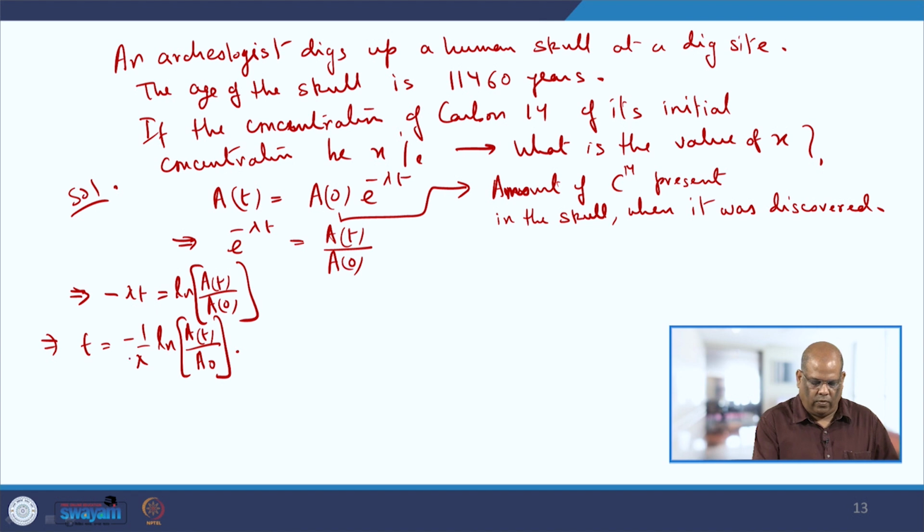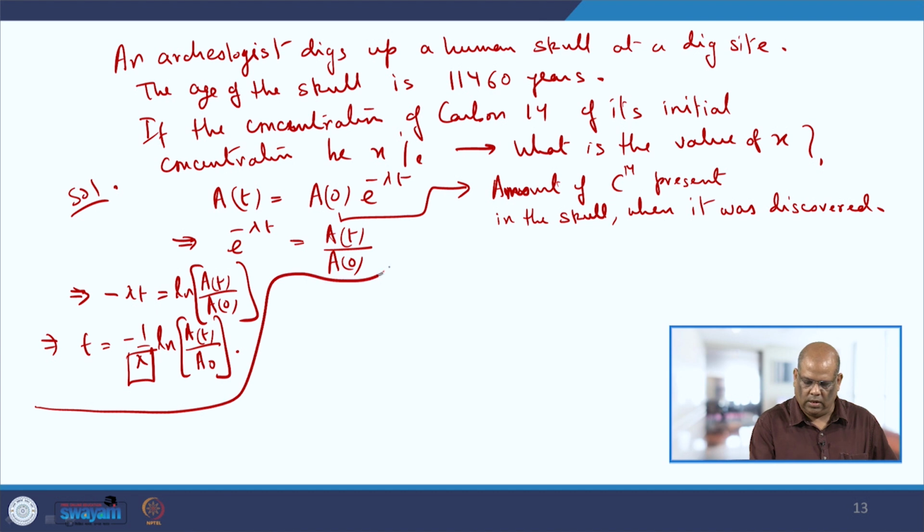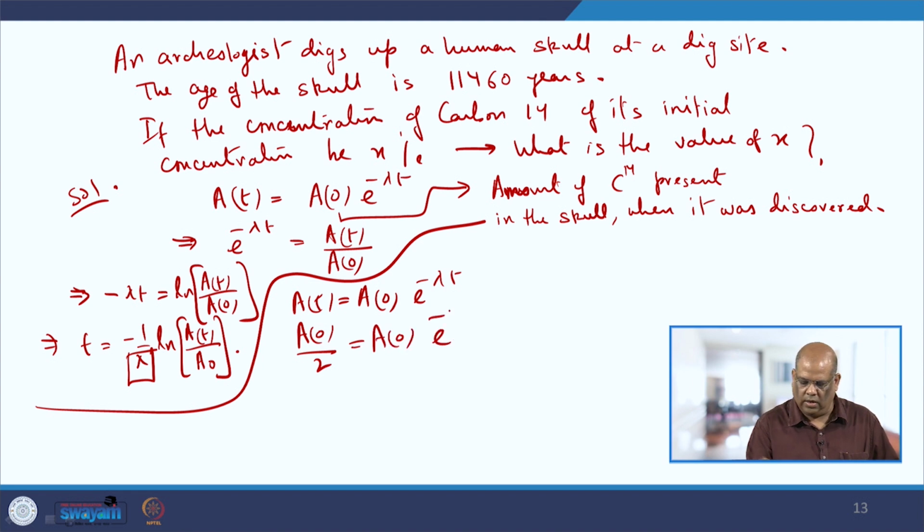Now, I have to get an expression for this lambda in terms of the half-life. So, what is this half-life? It is the time in which the amount reduces to half of its size, and we have the time tau.